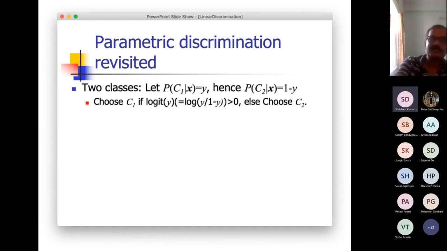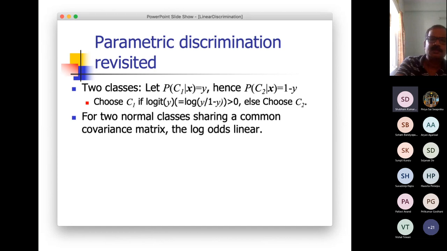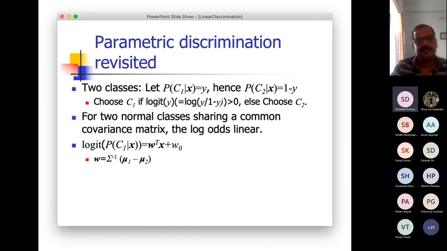So once again, let me put this condition. You see that now I will be writing logit of probability of C1 given X. So this is the trick. Here the logit function itself is considered, and that is a linear function.